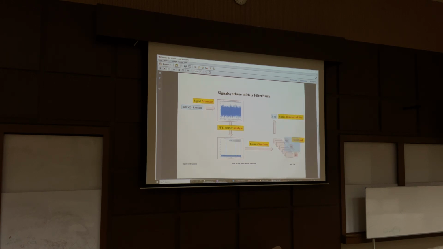So from here, we call this a synthesis, we call this an analysis. Here the Fourier analysis, so measurement, analysis, and then the synthesis. The synthesis with the coefficients, which I find here in my spectrum.